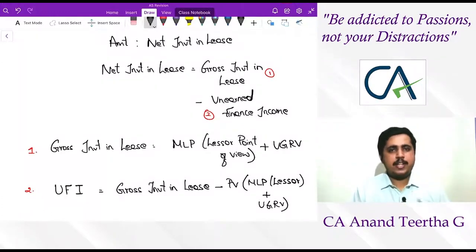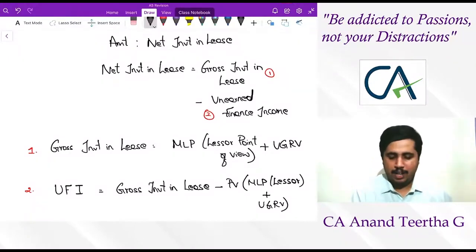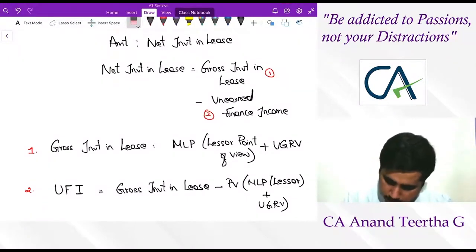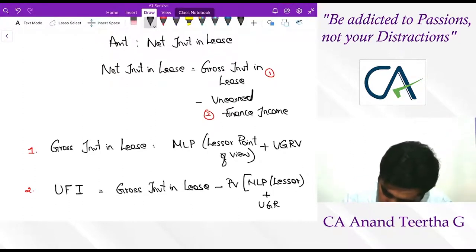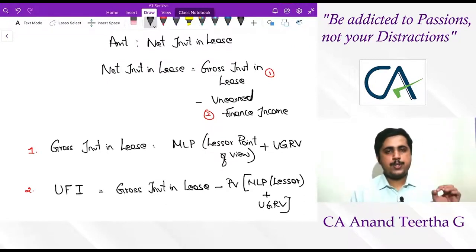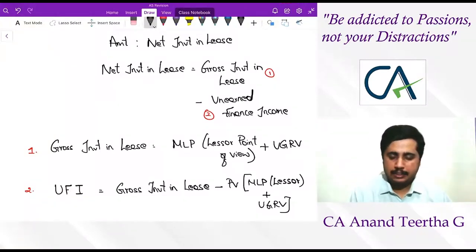So in the sense, present value of minimum lease payment lesser plus present value of UGRV. Therefore, I have taken one bracket. I will put the bigger one. Okay, so present value of minimum lease payment lesser plus UGRV, that present value is considered as the second one.